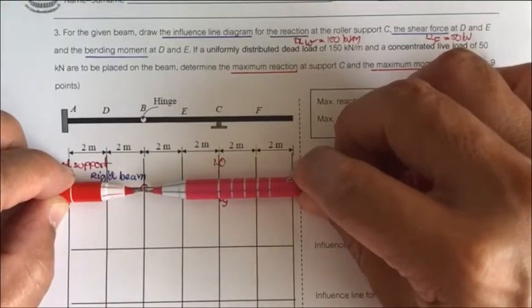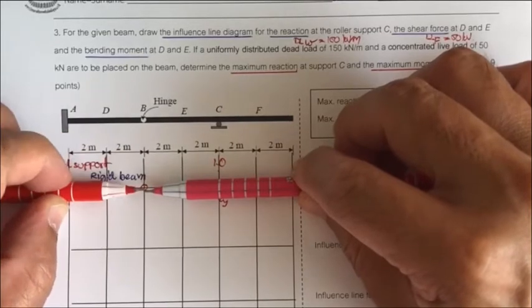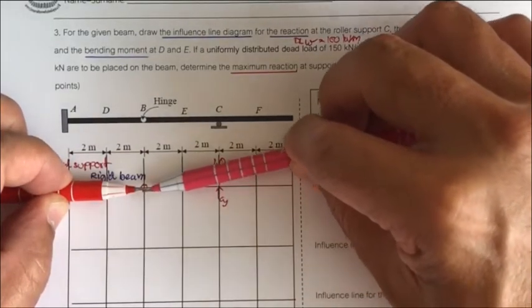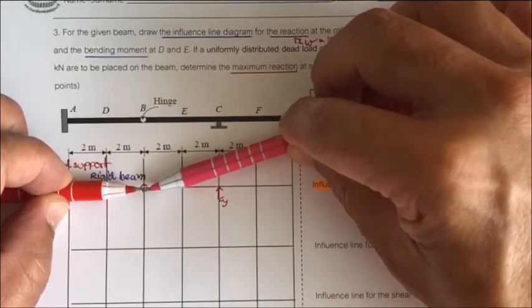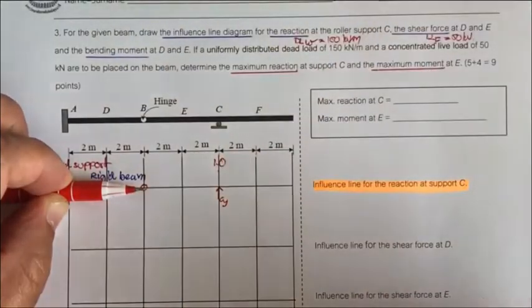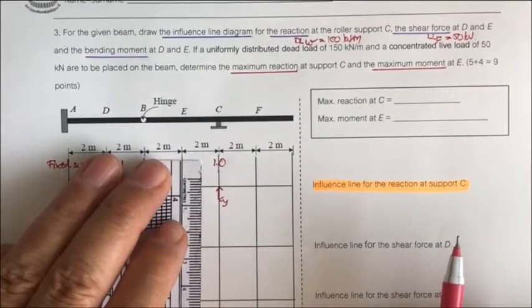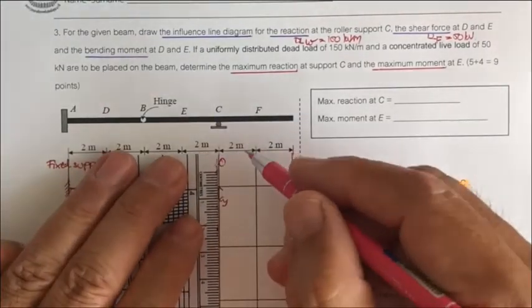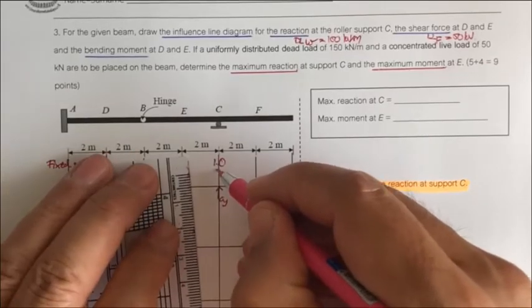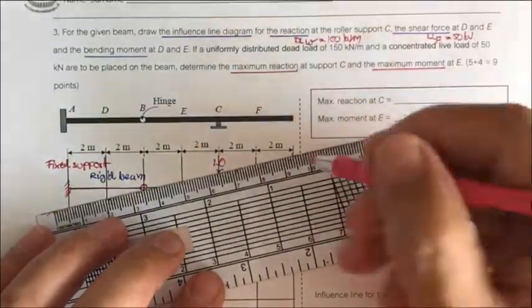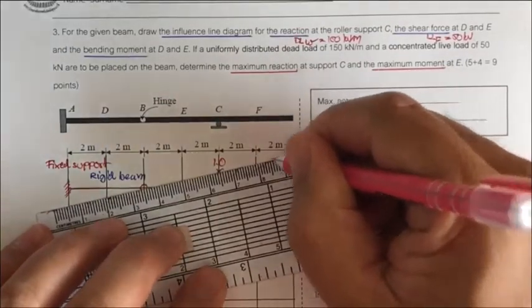The hinge here is going to be the rotating point, and the shape of the beam will move like this. If you scale it by half a centimeter to be 1.0 unit, the shape of the graph will be like this.